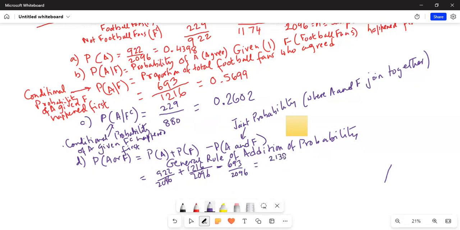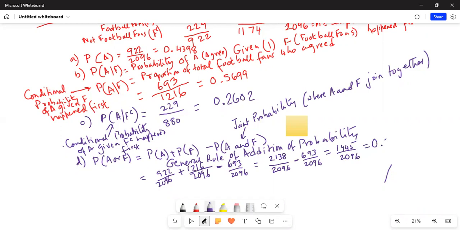I added the first two fractions. The denominators are the same, so I added the numerators. Minus 693 out of 2096. That would be equal to 2138 minus 693, which is 1445 out of 2096. So it is 1445 divided by 2096.